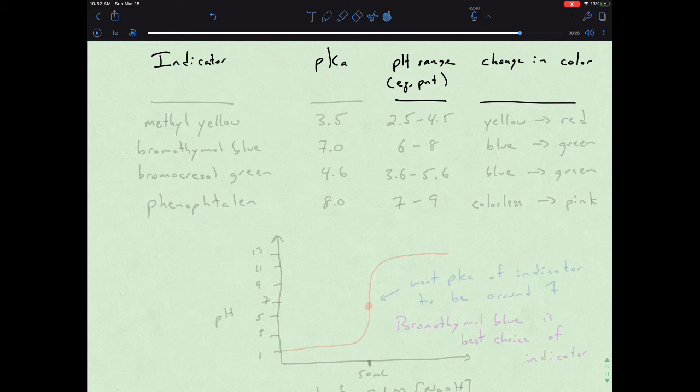So we have these 4 different columns as far as it goes.